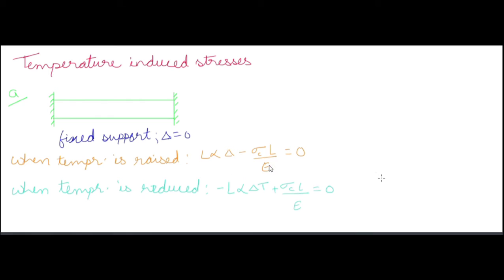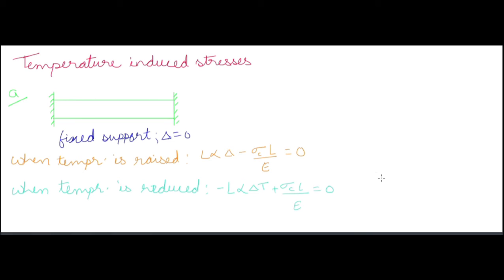So if the expansion is restricted, the induced stress in the bar will be of compressive nature. Compression will happen because it has been restricted from elongating, hence compressive stresses will be induced in that bar.